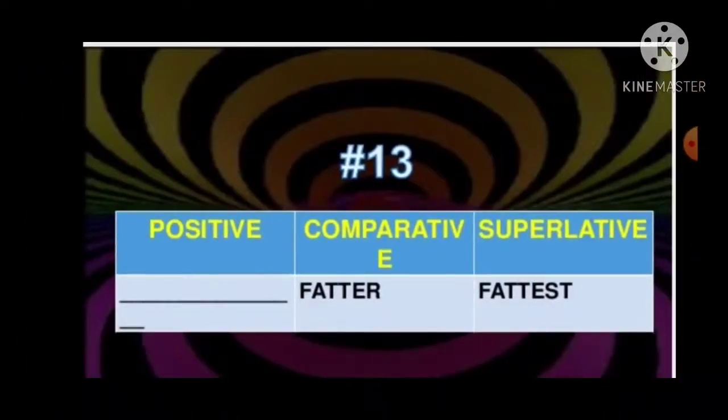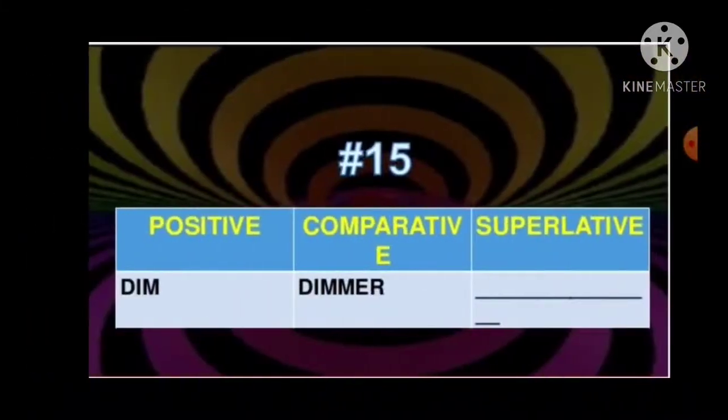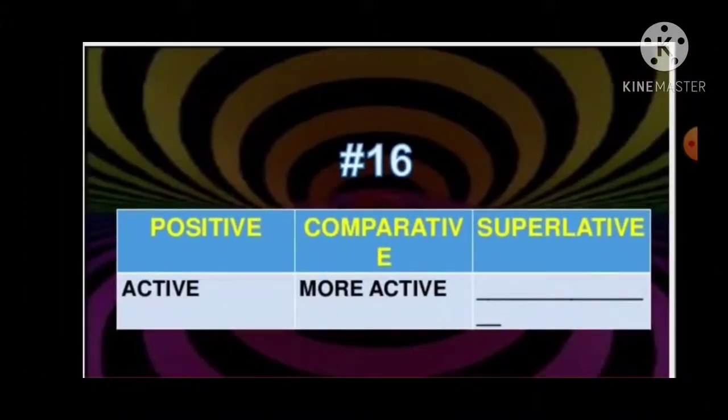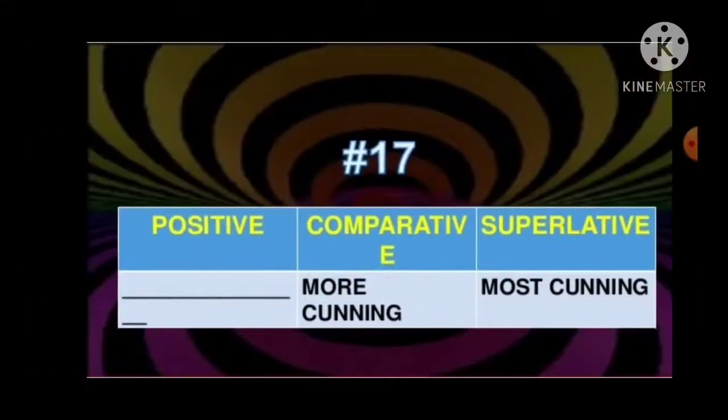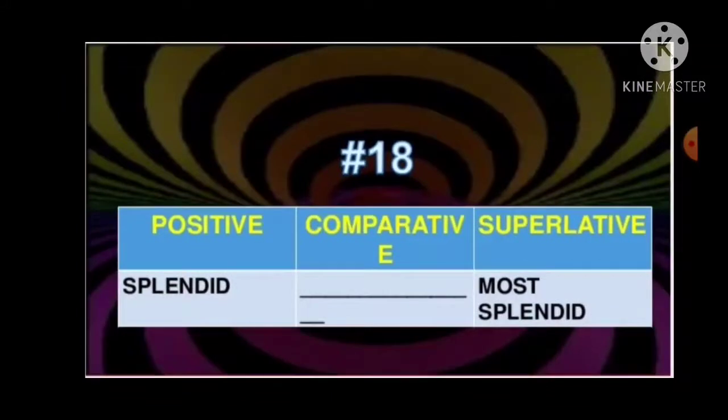Fatter, fattest. Thin, thinner, superlative is missing, you can guess it. Dim, dimmer. Active, more active. More cunning, most cunning. Splendid, comparative is missing, that you have to find, most splendid.